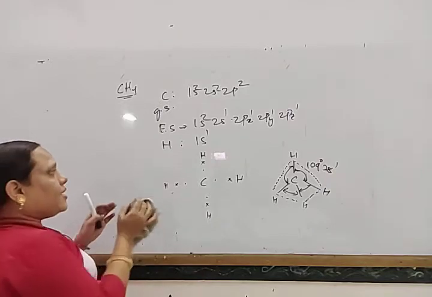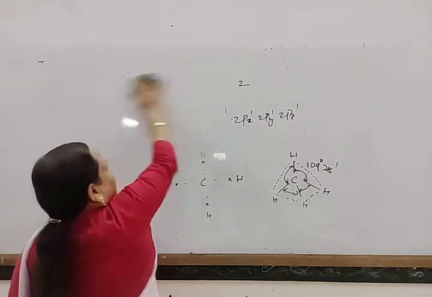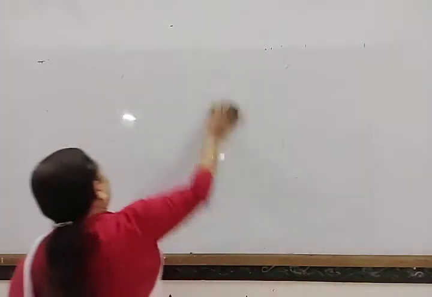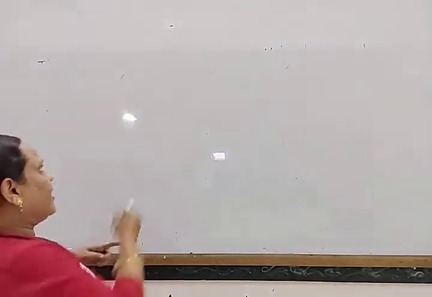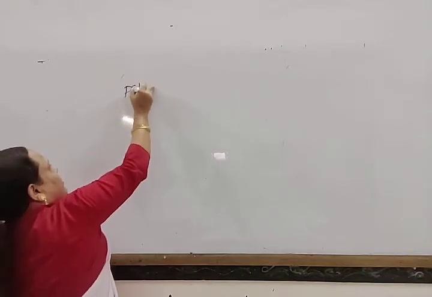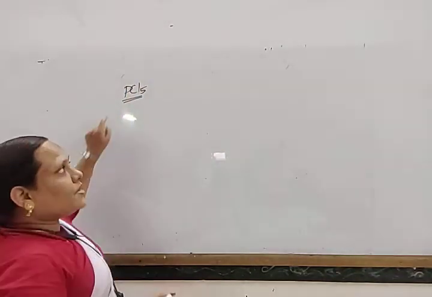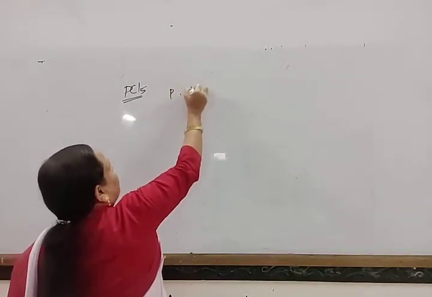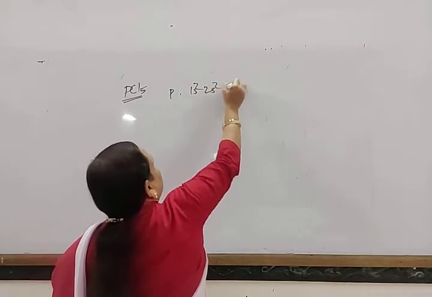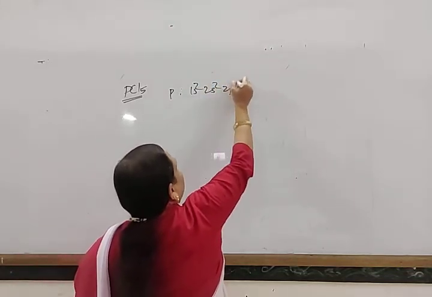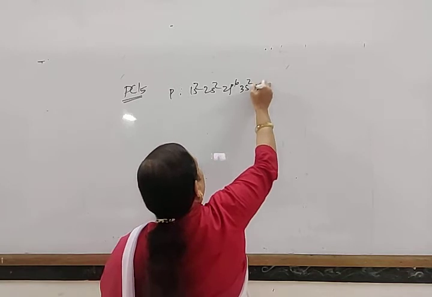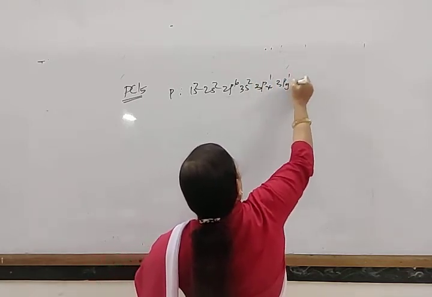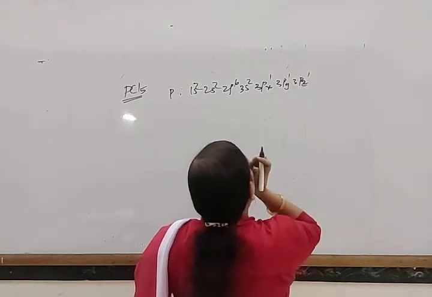Next, coming to another example, phosphorus pentachloride, PCl5. Total electron number 5 comes for PCl5. For phosphorus, the electronic configuration is 1s2, 2s2, 2p6, 3s2 and 3p3, so 3px1, 3py1 and 3pz1.